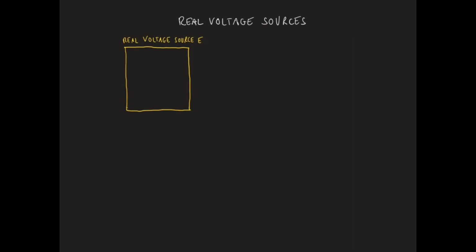In general, a real voltage source is represented by means of an ideal voltage source in series with a resistor. The subscript S in RS is for series.